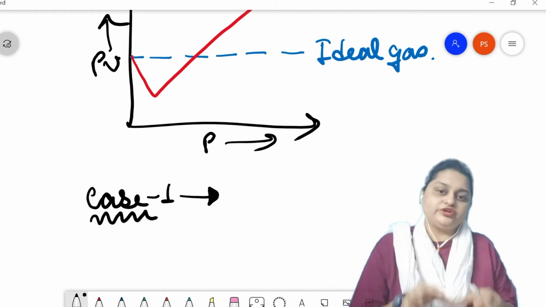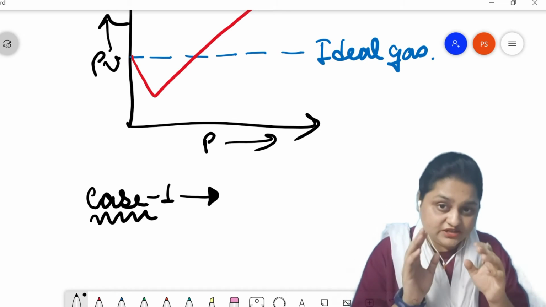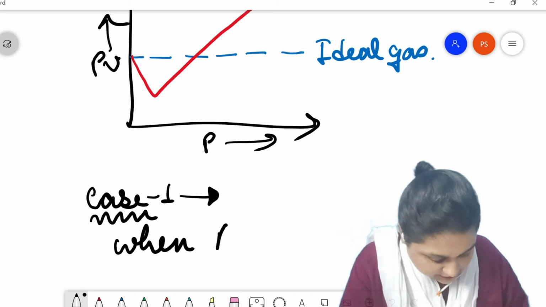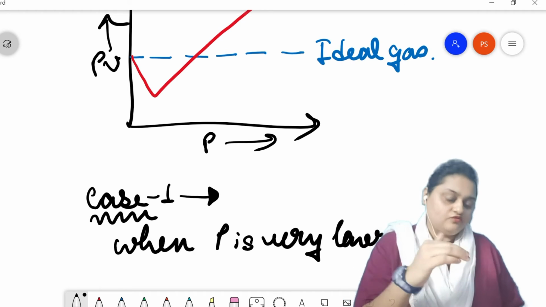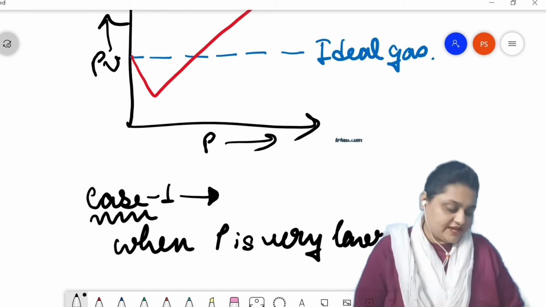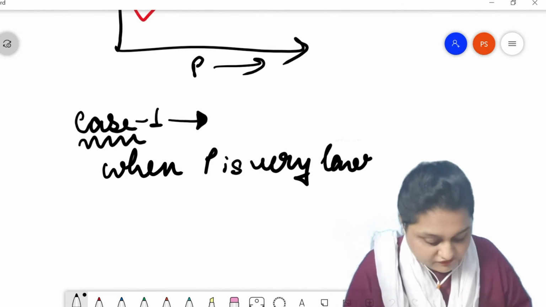As the pressure curve starts from 0 and keeps on increasing, we first consider the case when the pressure is very low. We know that the volume of the gas is inversely proportional to the pressure of the gas. As pressure is very low, the volume is going to be very high.